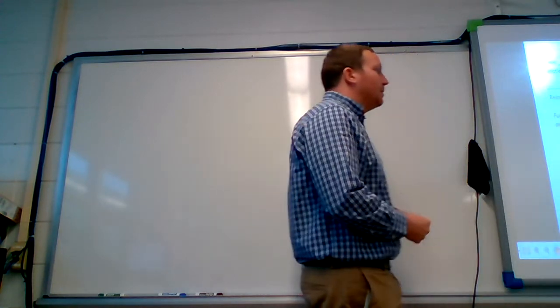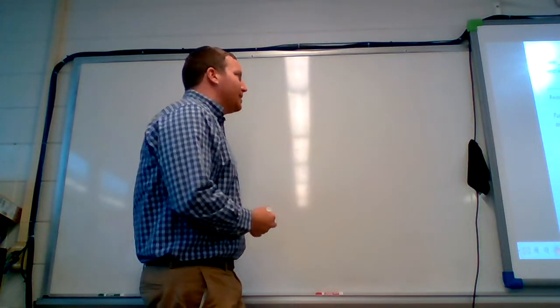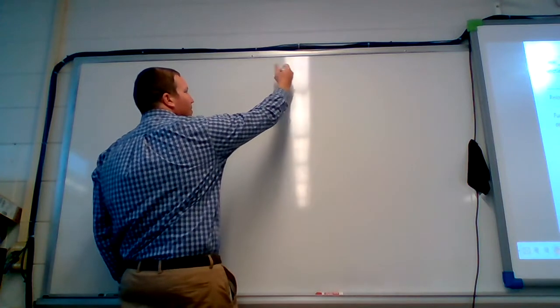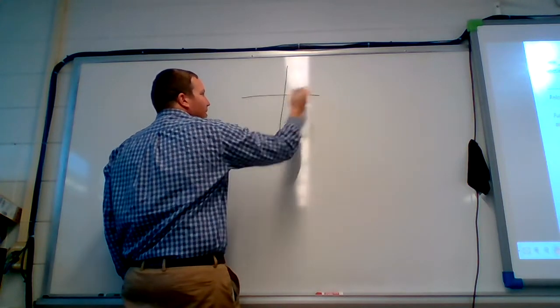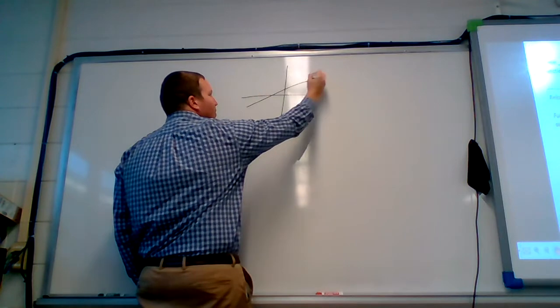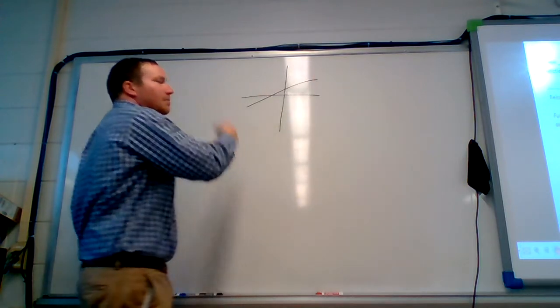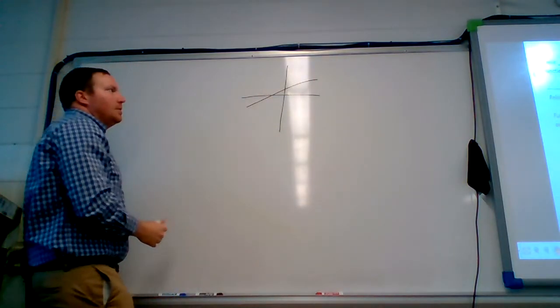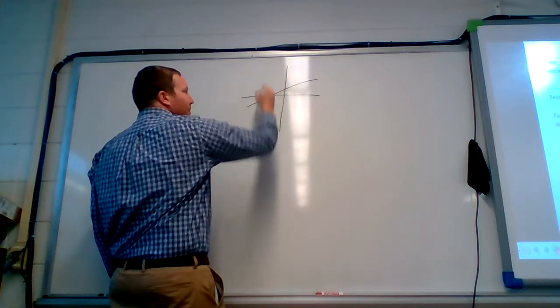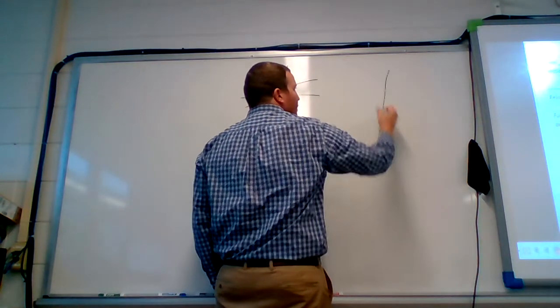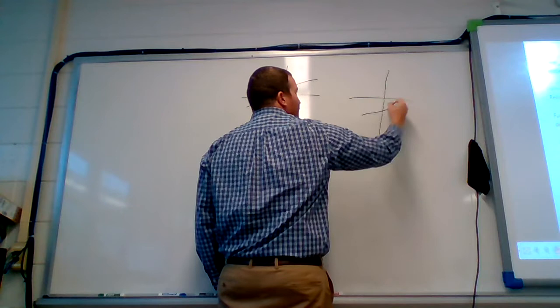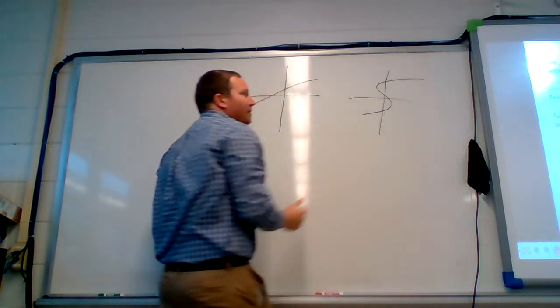So a function we can think of as a line, or a quadratic. It's something where we do not have more than one vertical point. So this could be a function, right? Something like this cannot be a function.